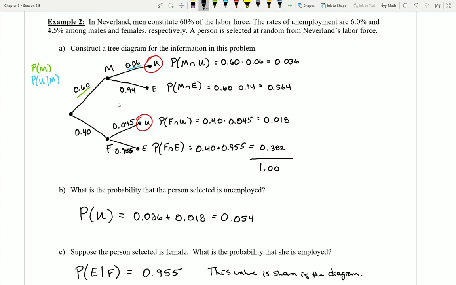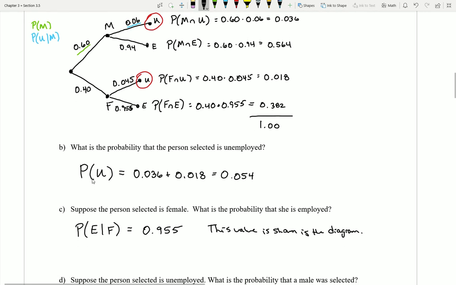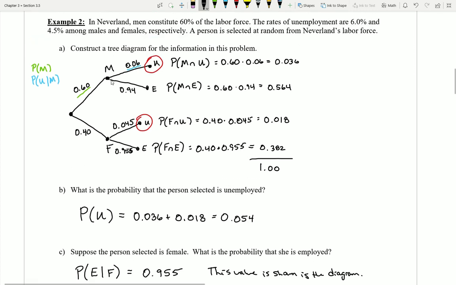Notice I don't really have that, right? I have to start by going down male or female. I can only do givens that are given male or given female, since that's kind of the way my tree progresses. And I could try to reorganize my tree to maybe have unemployed and employed down here at the start, but then I actually will see that I don't have enough information to fill in that tree diagram.